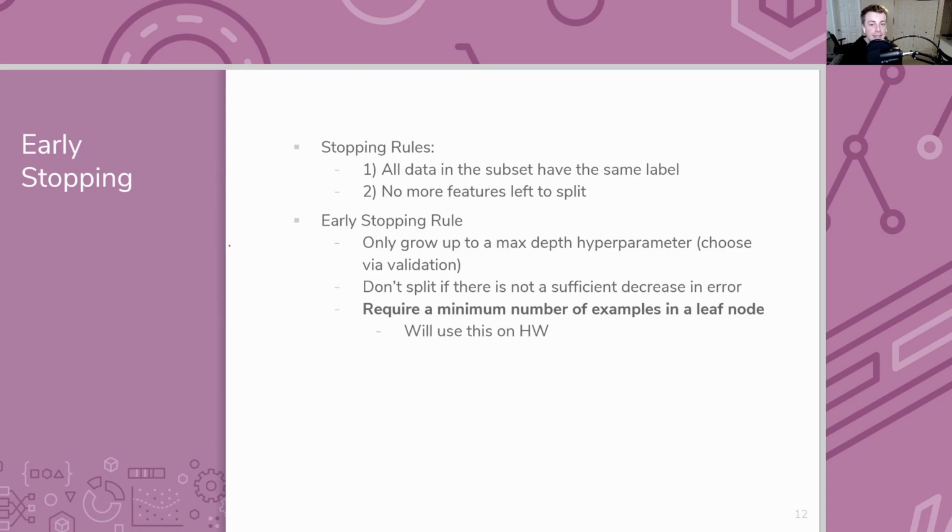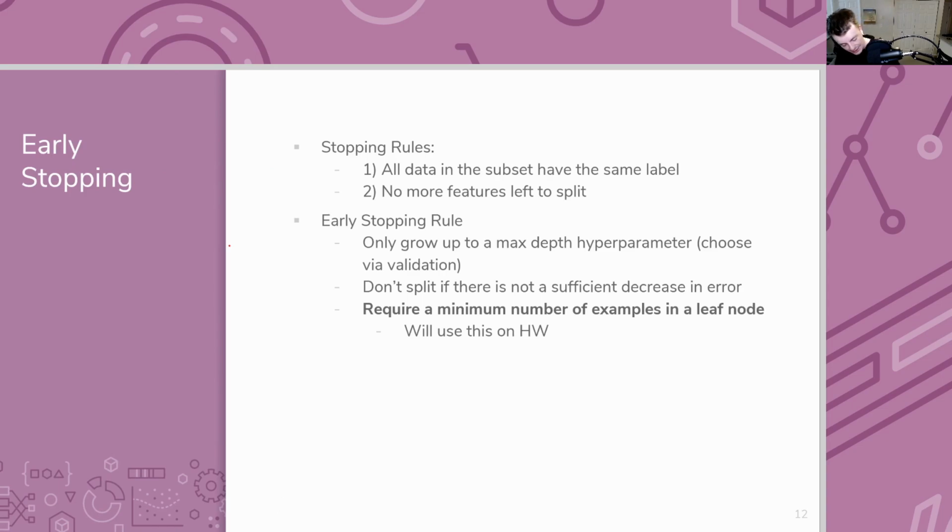Additionally, another common one, similar to the max height, is a way of specifying what's the minimum number of examples that need to be in a leaf node before you split it. What I mean by that is if you have 5 data points in a leaf node and you set the minimum number of points in a leaf node to be 10, what that means is you're not allowed to split nodes. You're not allowed to create new branches as long as you don't have more than 10 examples.